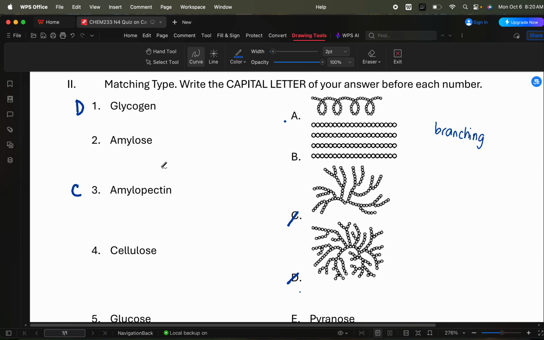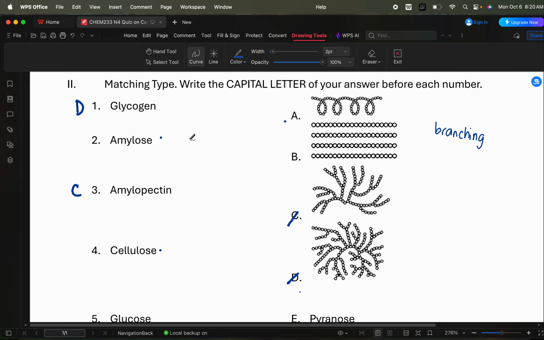Since both amylose and cellulose are linear, we go back to which component, because amylose, remember, is in starch, and there's a tendency to change.